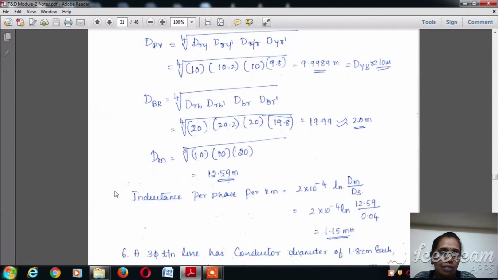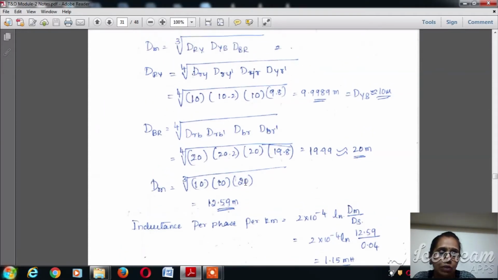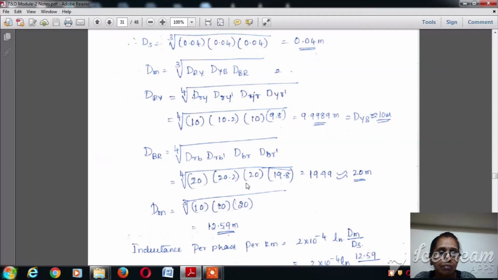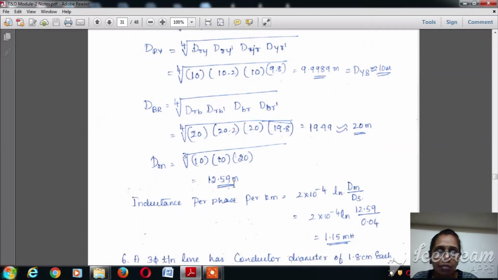Now dm is equal to the cube root of dry into dyb into dbr. Dry is 10, dyb is 10 again, because we have seen that dry and dyb are the same. Calculate the total dm, that is 12.59.